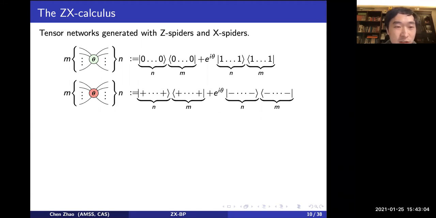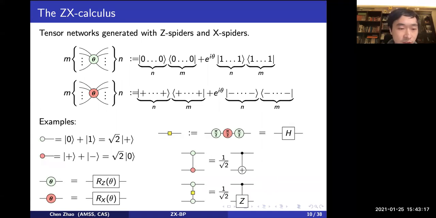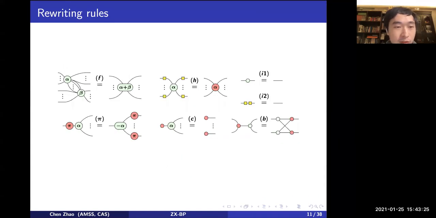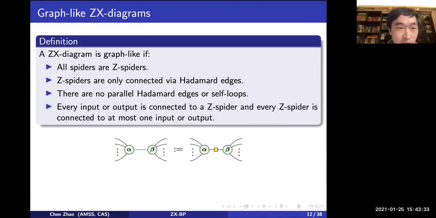In ZX calculus, we deal with ZX diagrams, which can be regarded as tensor networks generated with Z spiders and X spiders. ZX diagrams can represent quantum states and quantum gates, and we can also use rewriting rules to rewrite them.